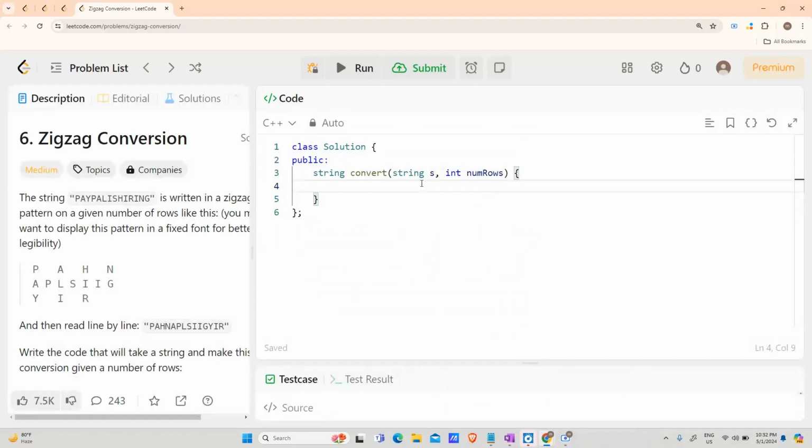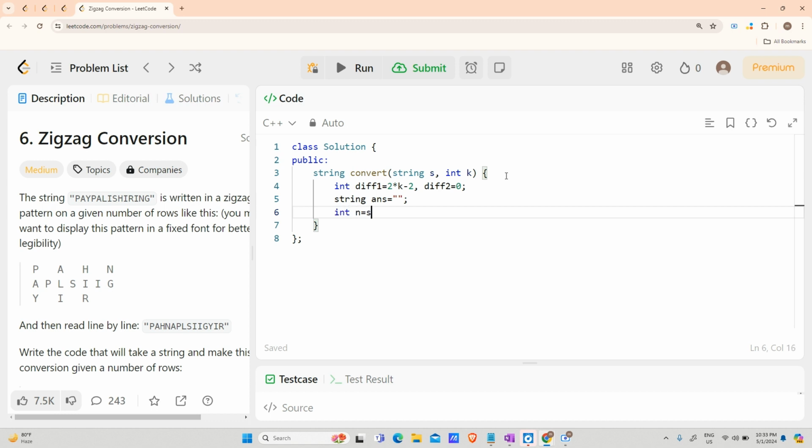Let us start coding it. So I will say, instead of num rows using a creator, I will use it as k because we discussed everything in k. I'll say my first difference, that is diff1, is actually 2 star k minus 2, and my diff2 is actually 0. Moving on for the first row, I will say string answer equals to this, just creating some variable for my answers.